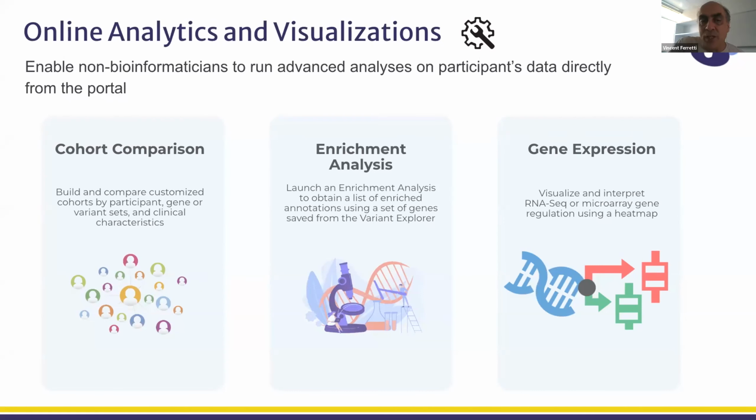So the user will be able to choose perhaps which. Yes. When they launch an analysis, they will select what we call the universe, so the set they want to analyze with this tool.